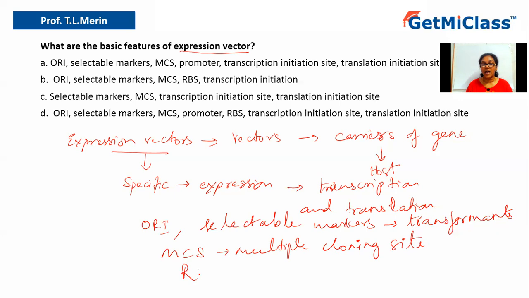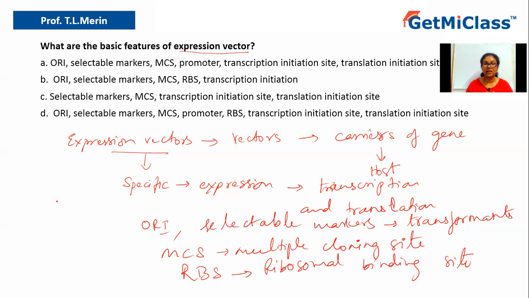They should also have a ribosomal binding site, that is RBS, because for transcription and translation, and especially for translation, you need ribosomes. Ribosomes are the ones which will produce proteins, so the ribosomal binding site is necessary. That is about translation.